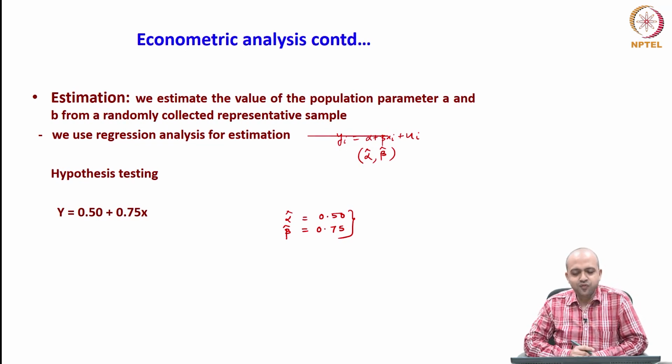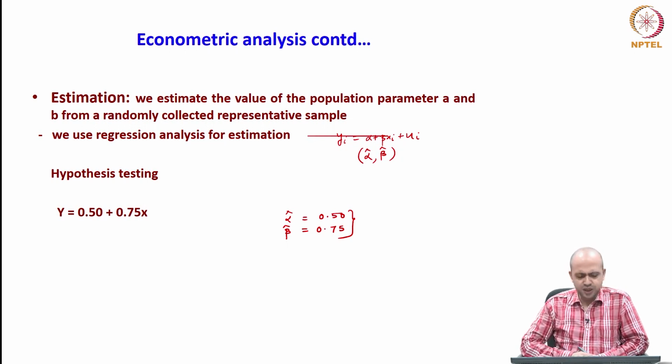Now, from this alpha hat and beta hat, do you think that the properties of the Keynesian consumption function hypothesis, that means the hypothesis you made earlier, is established or not? This is the result.